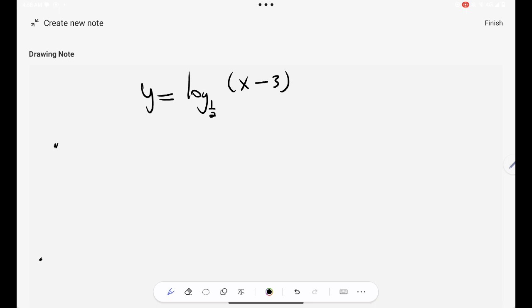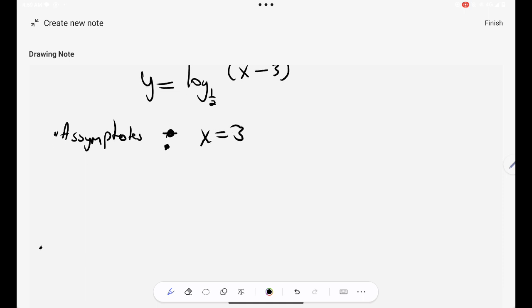Whenever we write the vertical asymptote, if we have a negative 3, it simply means that our asymptote will be at positive 3 altogether. So for asymptotes, we'll just say x is equal to a positive 3.